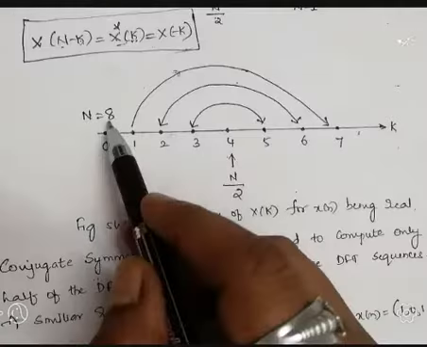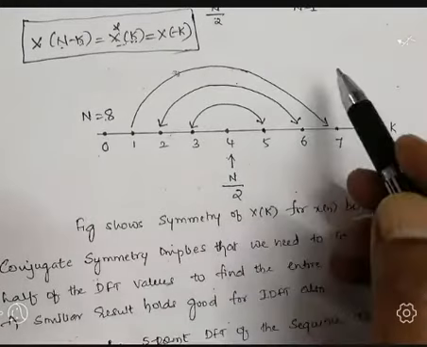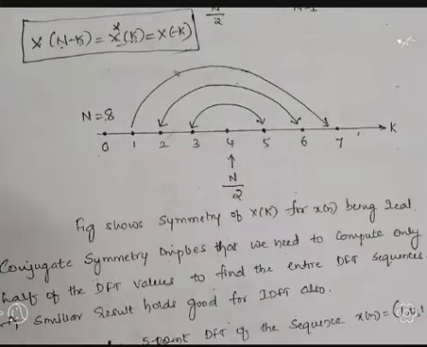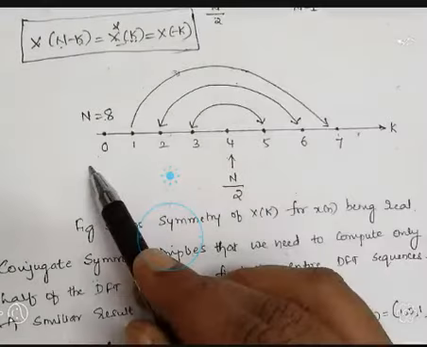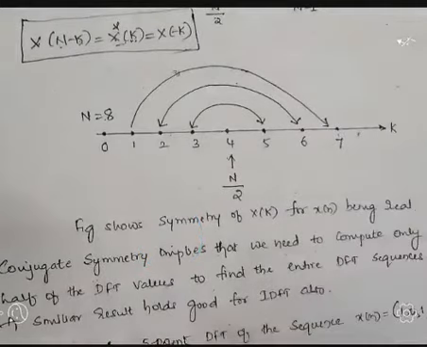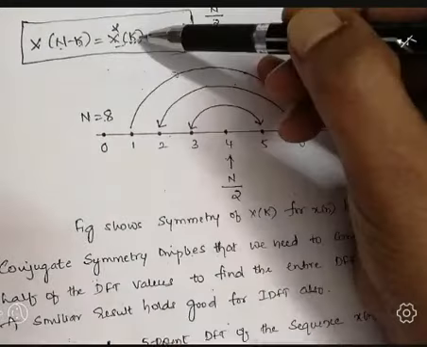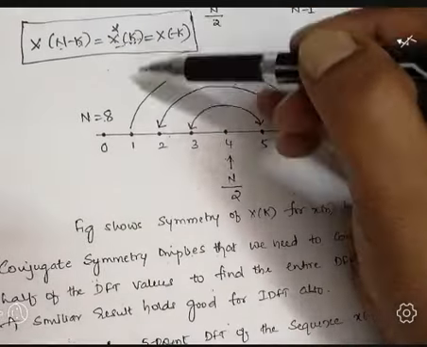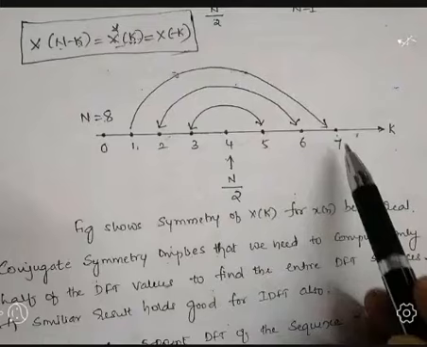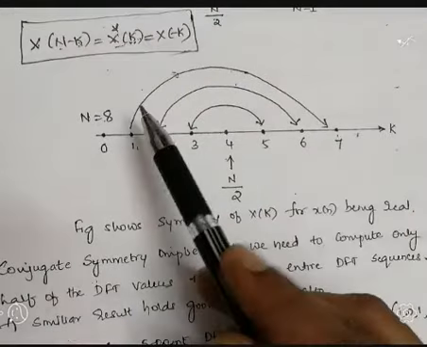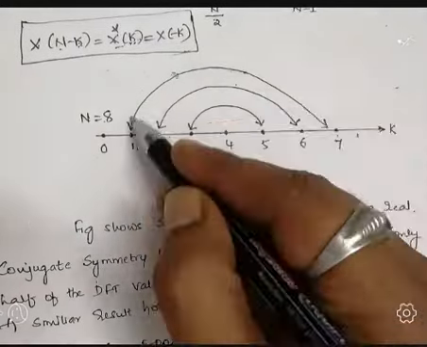If N equal to 8, it means 0 to N minus 1, so the last point is 7, 0 to 7. If k equal to 1, the complex conjugate of x of 1 equals x of 8 minus 1, which is 7.